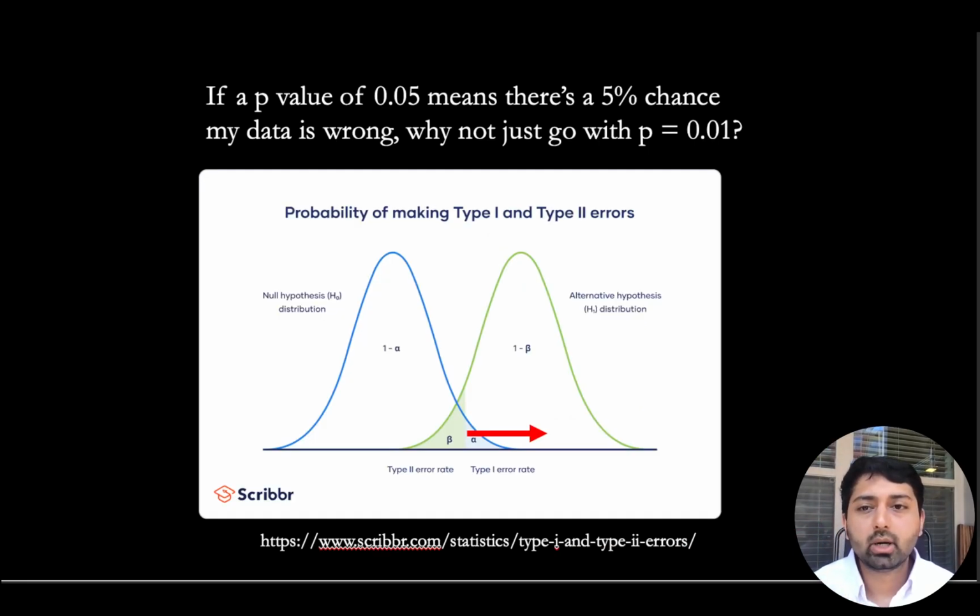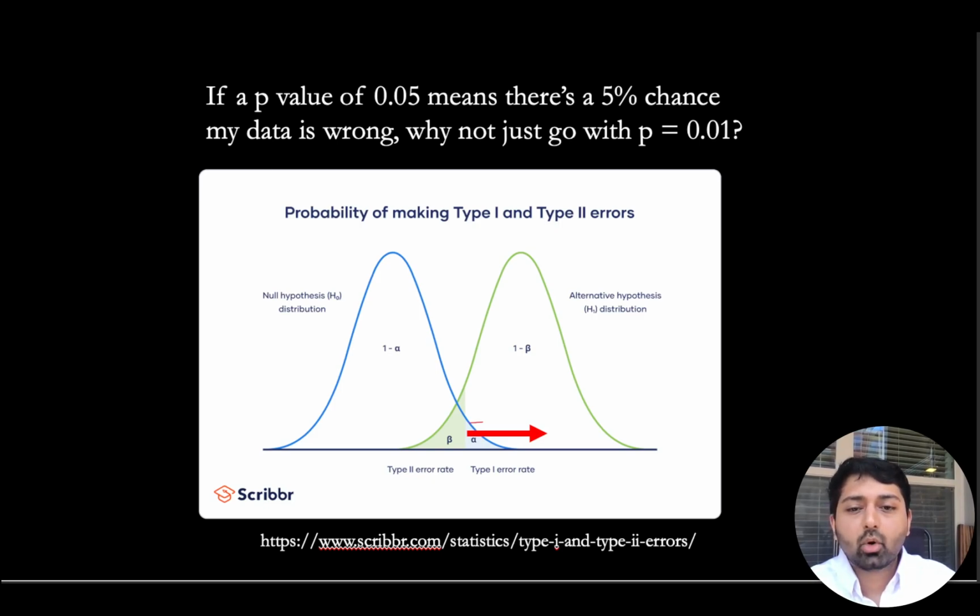So one thing you might be wondering, right? If a p-value of 0.05 means that there's a 5% chance my data is wrong, why not just go with a p-value of 0.01? Why not just be more confident? It sounds like a good idea on its surface, but if you look at alpha and beta here, recall that beta is the chance of a false negative.